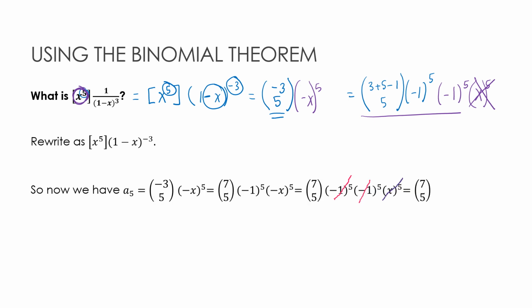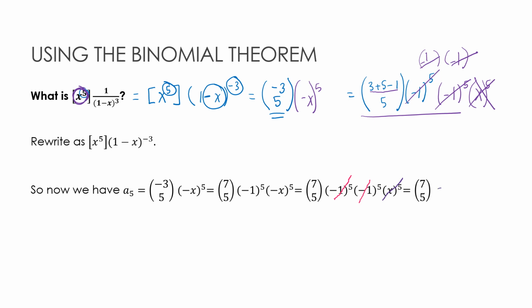So negative 1 to the fifth is going to give me negative 1, and this is going to give me negative 1, and negative 1 times negative 1 is positive 1. So I've canceled out my negatives. So really, I just have 3 plus 5 minus 1, which is 7, choose 5. That is my final answer. So again, we're putting all of this together to find 7 choose 5.